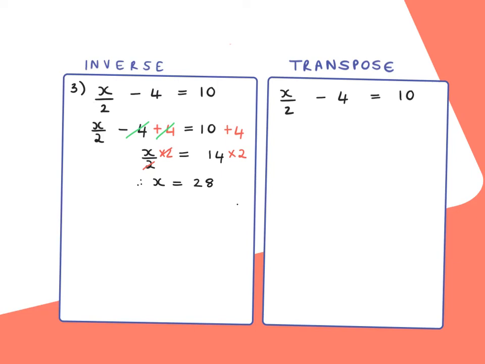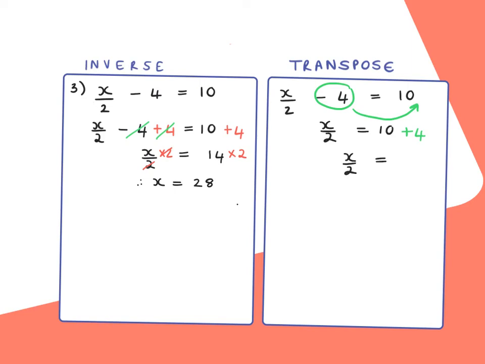Having a look at the transpose method, first of all, we're going to transfer that negative 4, and we change its sign. So if it's a negative 4 on the left, it's going to be positive 4 on the right. So I have that x over 2 is equal to 10 plus 4.